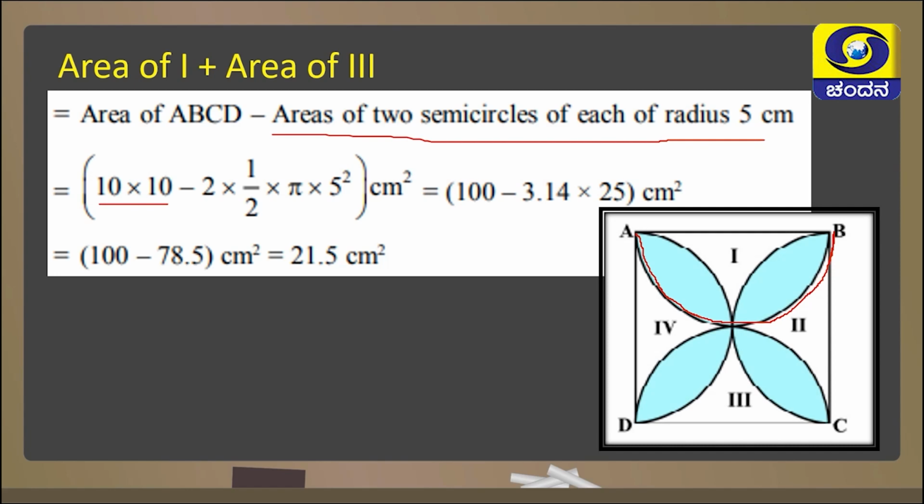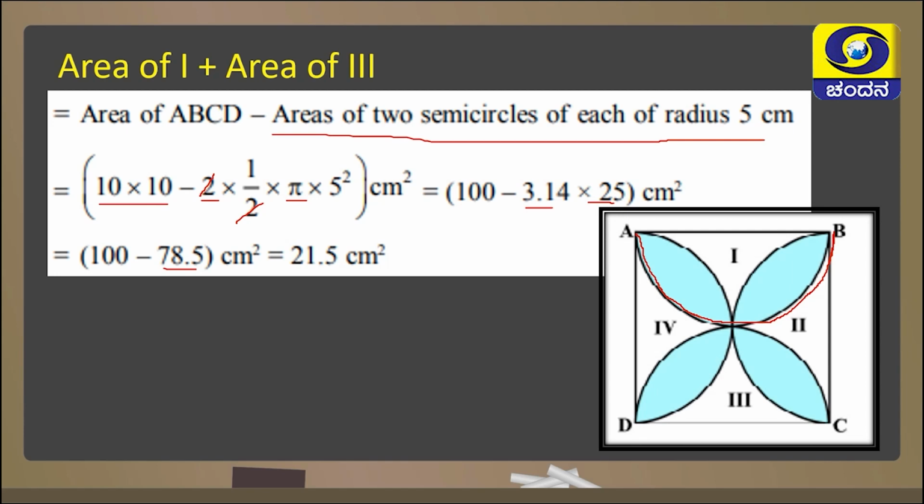And the areas of two semicircles means 2 into semicircle, which is pi r square divided by 2. So, we are taking the value of pi as 3.14 and radius as 5. Here 2 cancels. 5 square means 25. If you multiply 25 and 3.14, you are going to get 78.5.